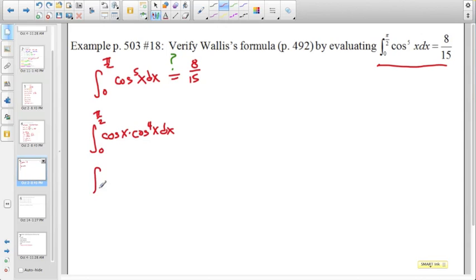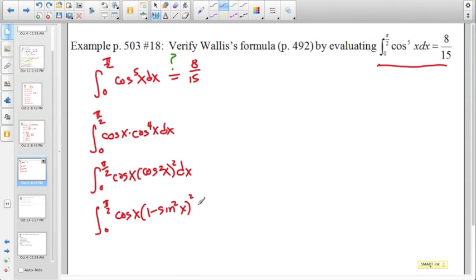So this is cosine of x times cosine squared of x squared. And so this ends up being cosine of x times (1 minus sine squared of x) squared. And so now we have a cosine x dx to substitute out.